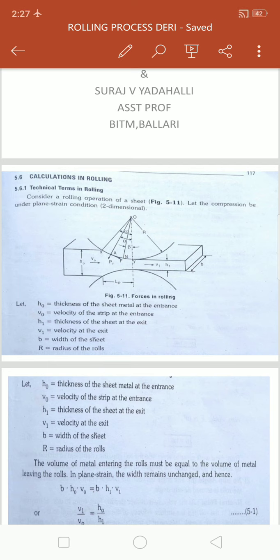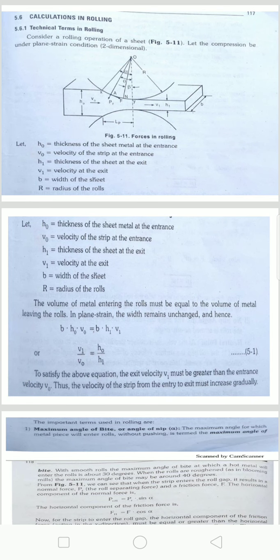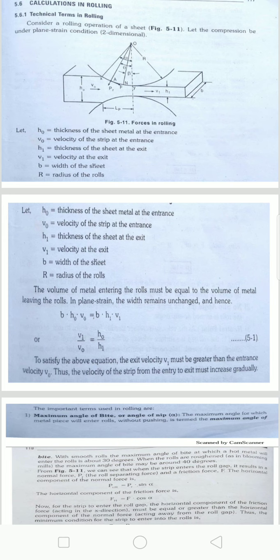The volume of metal entering the rolls must be equal to the volume of metal leaving the rolls. In plane strain, the width remains unchanged, and hence according to the volume constancy concept, initial volume equals final volume. Therefore B is constant in the rolling process, and H naught V naught equals H1 V1.